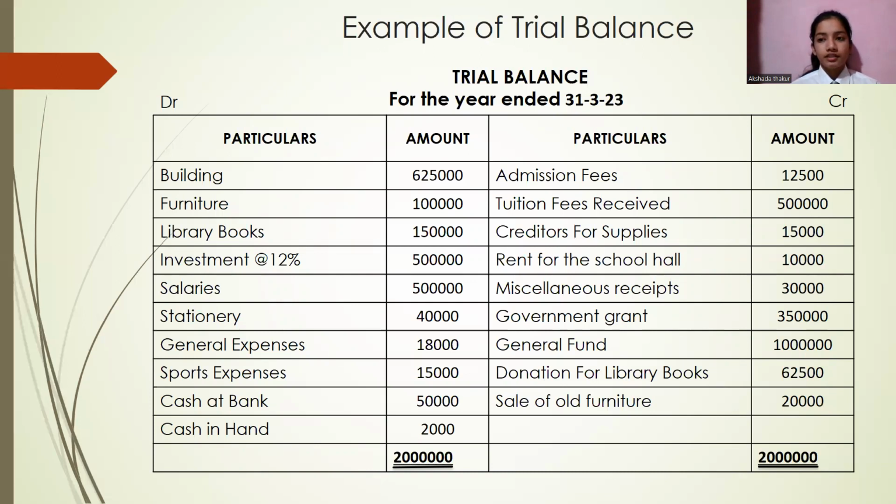And on the other side, that is credit, are admission fees, tuition fees received, miscellaneous receipts, and one more we have, sale of old furniture. All are our incomes. Then credit for suppliers, rent, government grants, journal fund, all our liabilities. So this is our format or example for a trial balance.